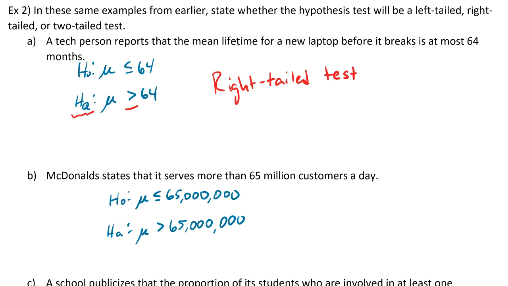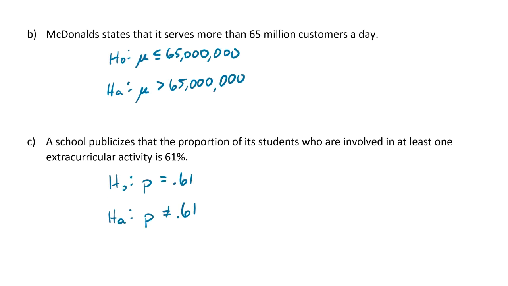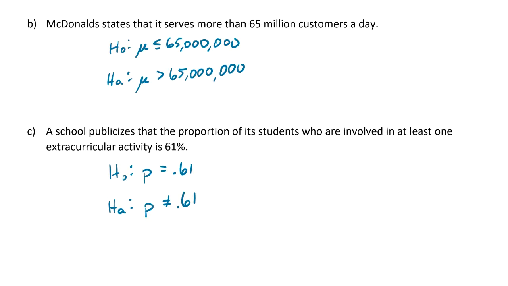Nice and easy. You just look at the greater than, see that it's a right-tailed test. For B, the one about McDonald's stating that it serves more than 65 million customers a day, again, just look at the alternative hypothesis. It's greater than, so it's also going to be a right-tailed test.